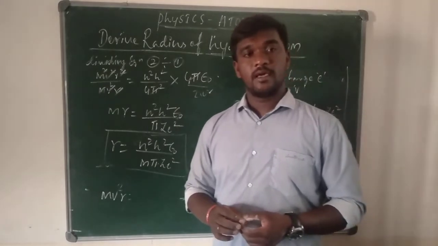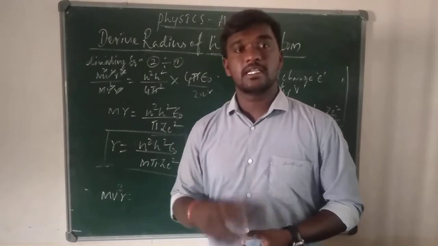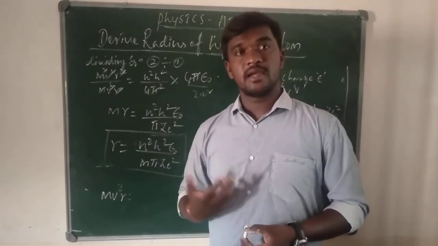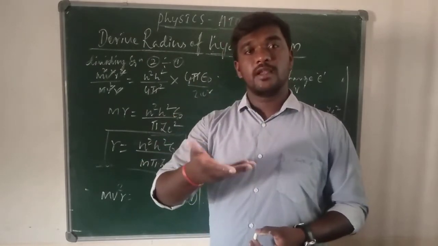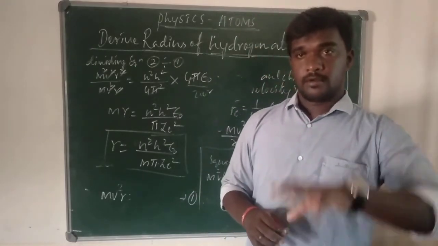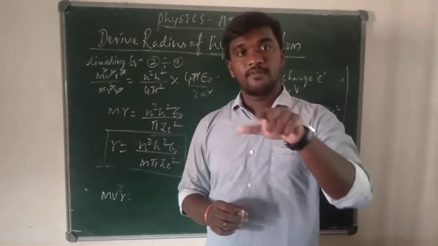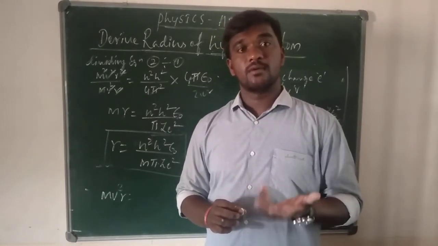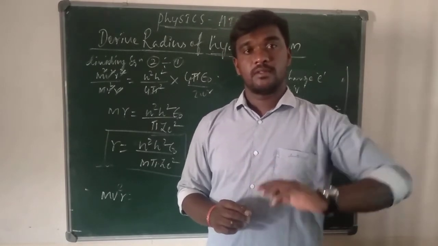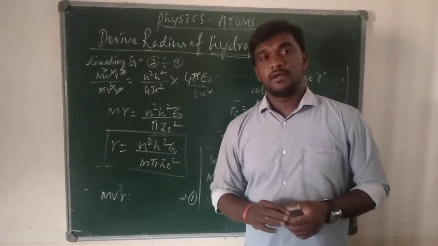Then some limitations. According to classical electromagnetic theory, that is Maxwell's theory, when the electron revolves around the nucleus, it radiates energy, meaning it loses energy. When the electron loses energy, it finally falls into the nucleus and the atom would collapse, but we do not observe such collapse. So the Rutherford model fails.